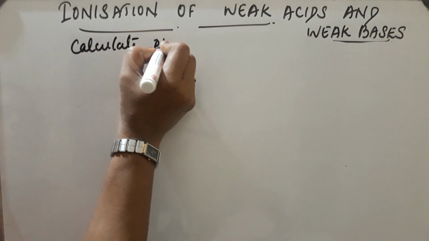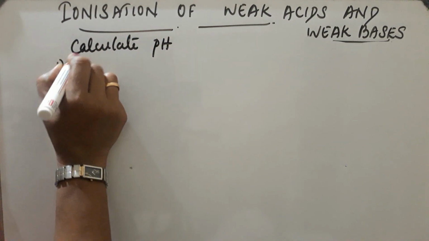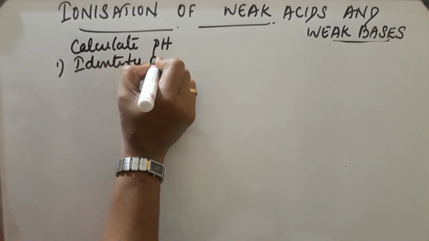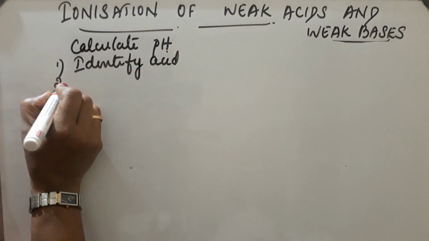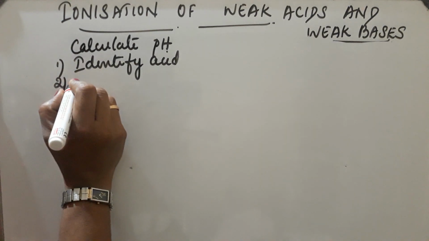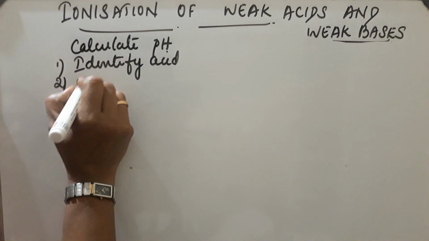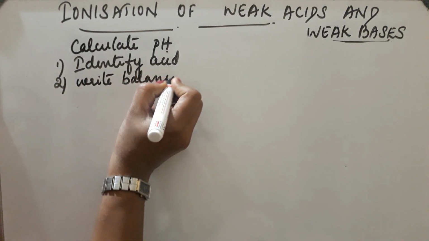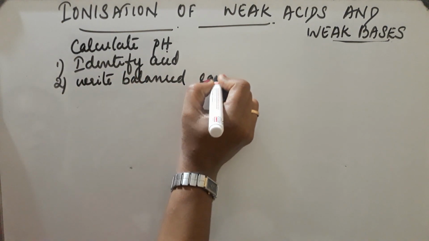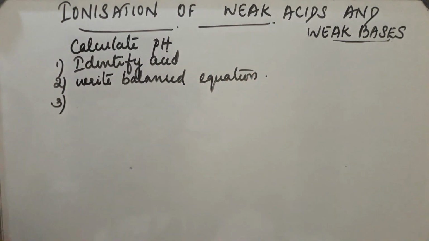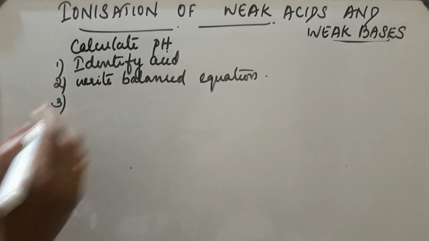Different steps involved. First step, identify the acid. Then next, we are writing the balanced equation of all possible reactions. Now, what will be the next step? Reaction with higher Ka is identified.